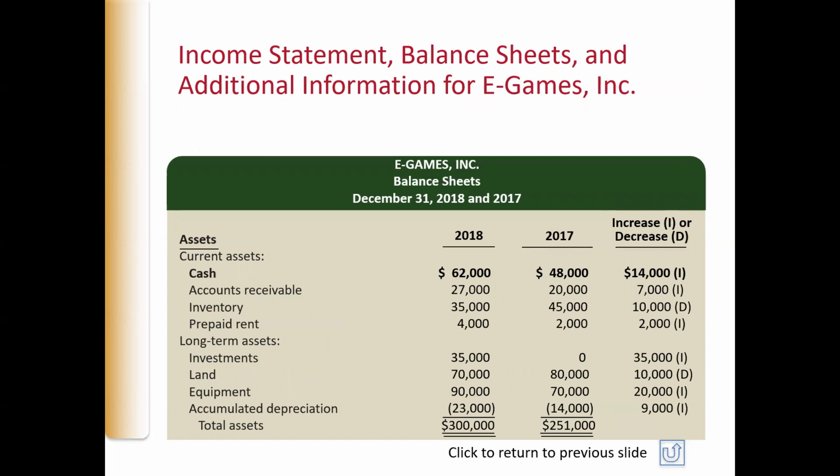Then we're going to take the balance sheet and compare year 17 to 18. If there's an increase in accounts receivable, inventory, or prepaid rent, increases we will subtract from the statement of cash flows.